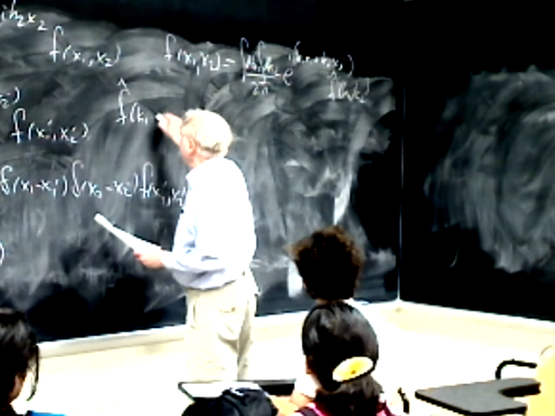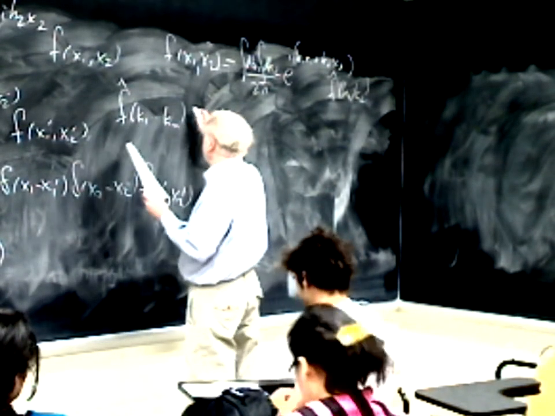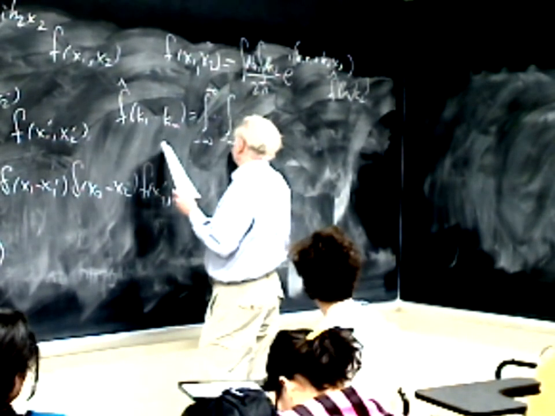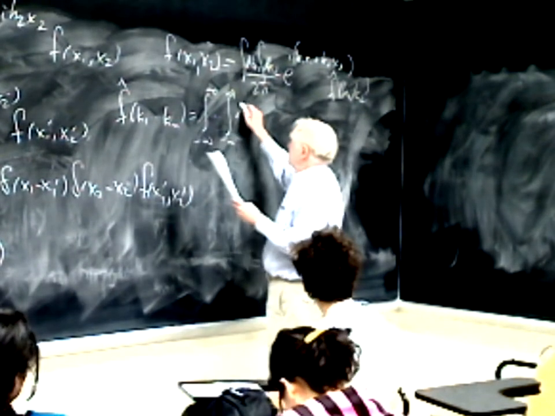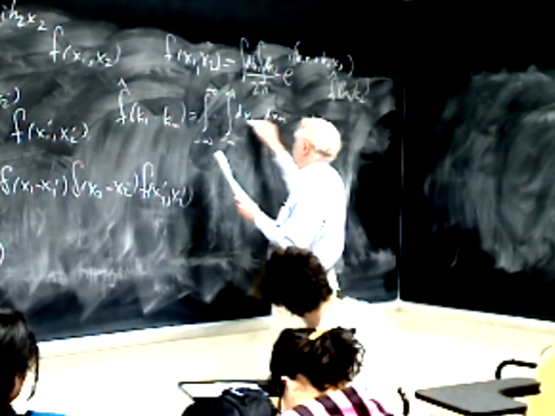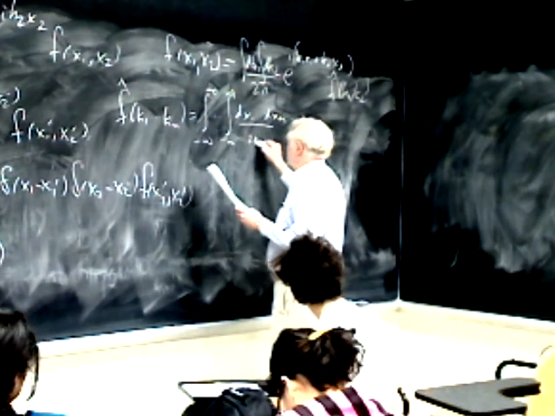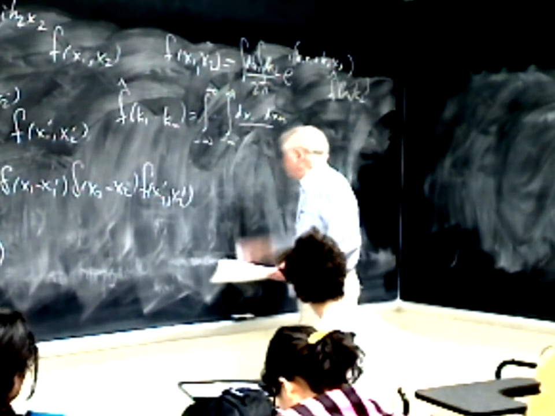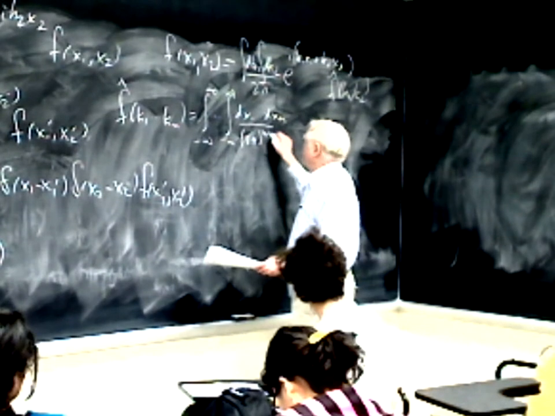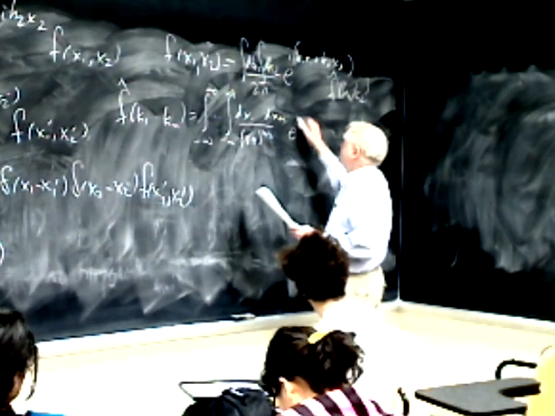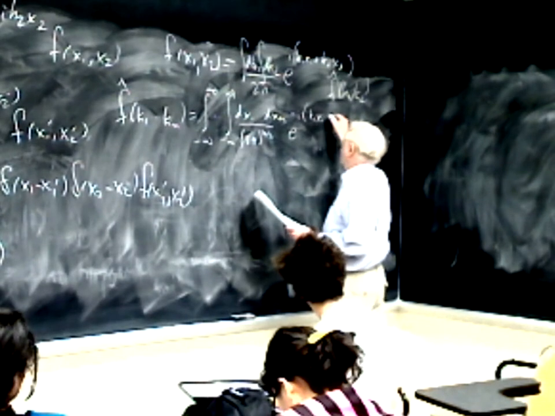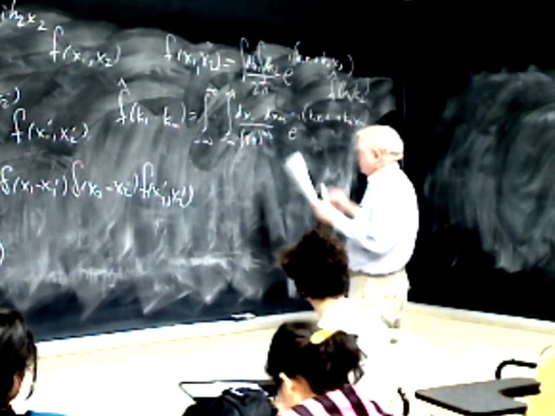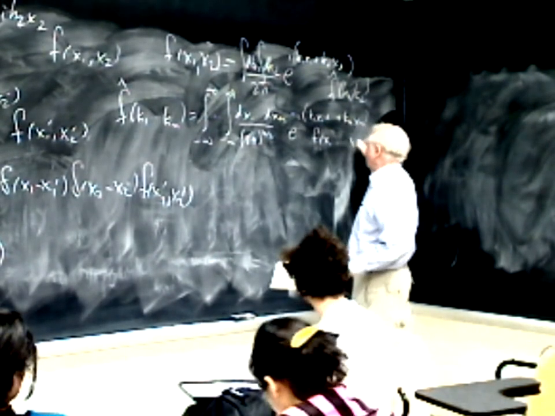And in n dimensions, it's just f hat of k1 through kn is the integral from minus infinity to plus infinity, dot dot dot, dx1 through dxn over 2 pi to the n over 2, e to the minus i (k1 x1 plus dot dot dot plus kn xn), f of x1 through xn.